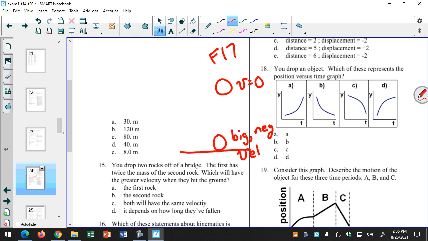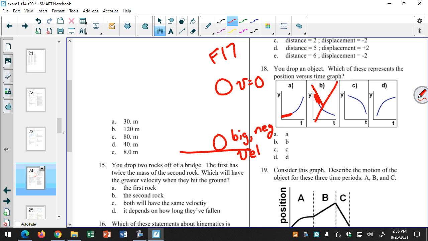Well, which graph shows a 0 velocity initially? Only 2 of them show a 0 velocity initially, and which are those? I'm looking for one that has a very small slope. See here, this has a small slope, whereas this one has a big, steep slope.